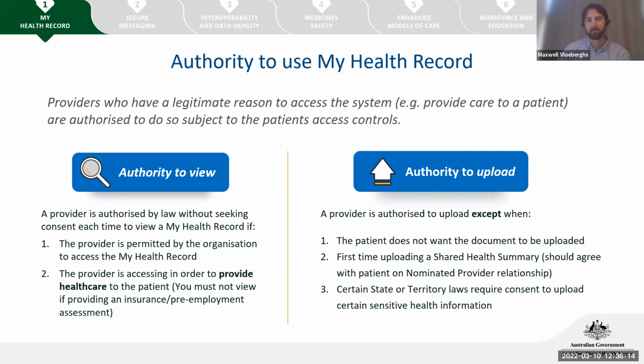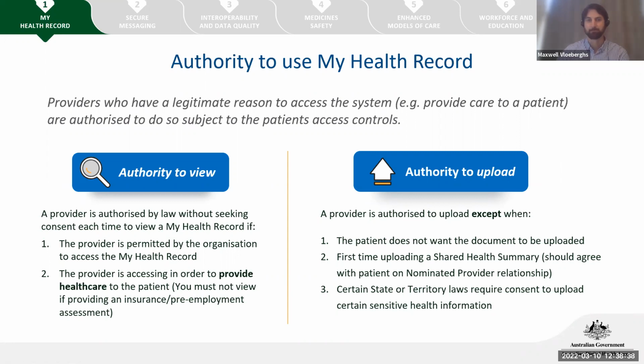For example, a registered nurse could be uploading a shared health summary to the My Health Record. They should let that patient know that they're uploading it, because they would need to verify with the patient that they are their regular provider for uploading the shared health summary. That would be just a matter of verifying that with the patient before it gets uploaded.